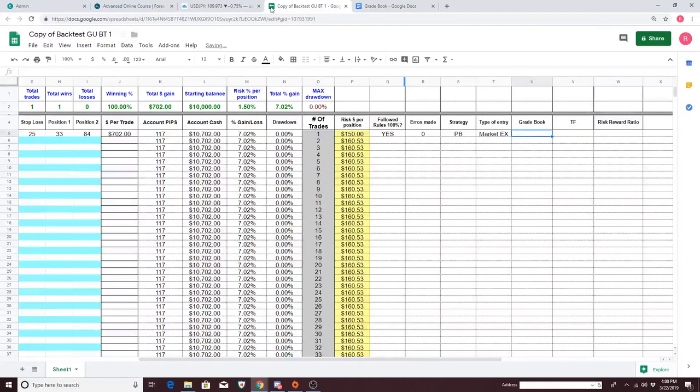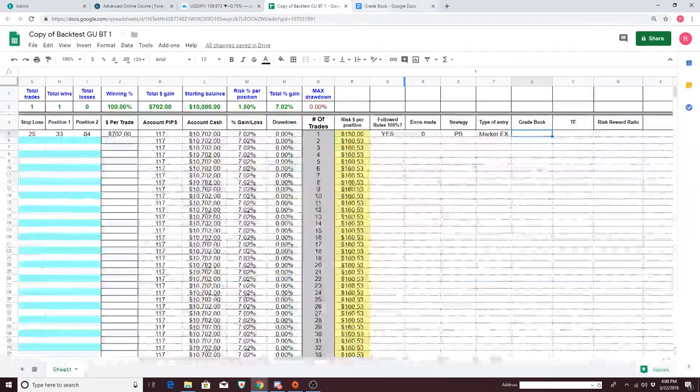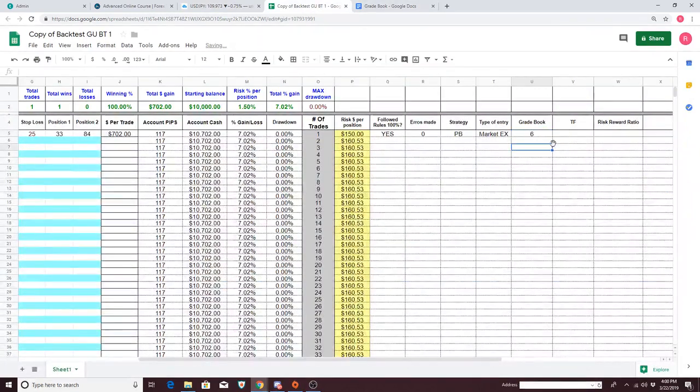The gradebook. Let's go back to our gradebook. We had 3 points, 4 points, 6 points. We had 6 points for our gradebook. Time frame was based off of H4. The risk reward ratio that we were first targeting was about a 1 to 2.